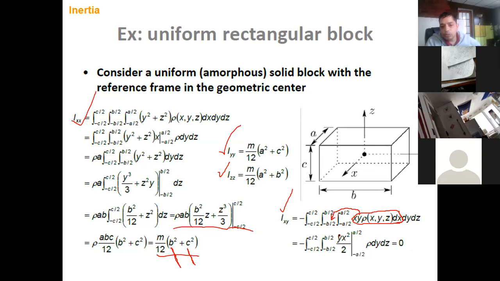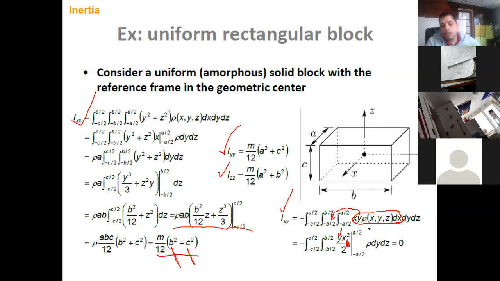You simply pull this y here. Does it make sense? Then what is the integration of x? X square over 2. That's what it is. Then a over 2, negative a over 2.